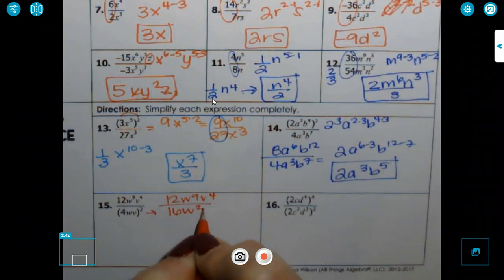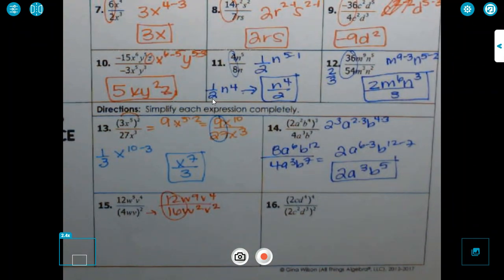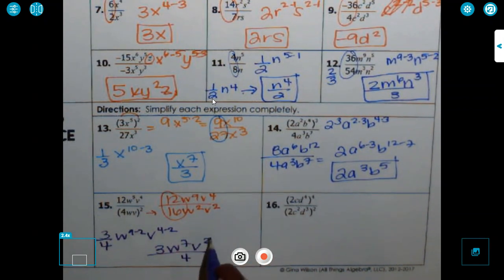This is going to become 16w^2 v^2. So 12 over 16 is going to reduce down to 3 over 4. And then it's w to the 9 minus 2 and v to the 4 minus 2. So that's going to be 3w^7 v^2 over 4.